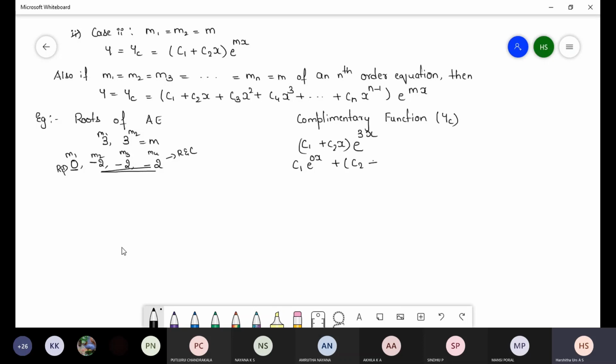So C2 plus C3 x plus C4 x square, into, here the common root is minus 2. That we can call as m. So e power minus 2x. This is the case 2 example.